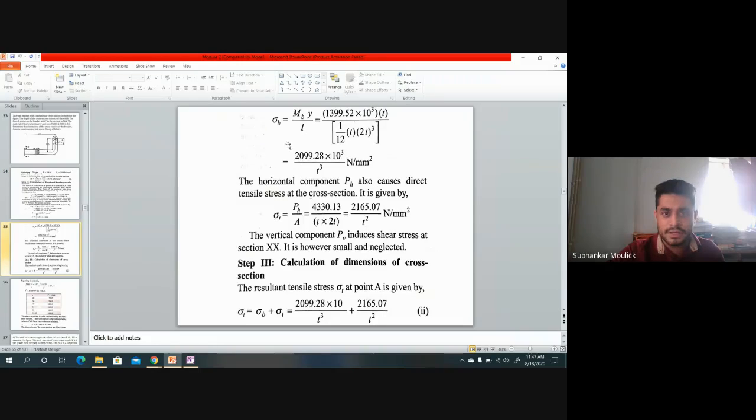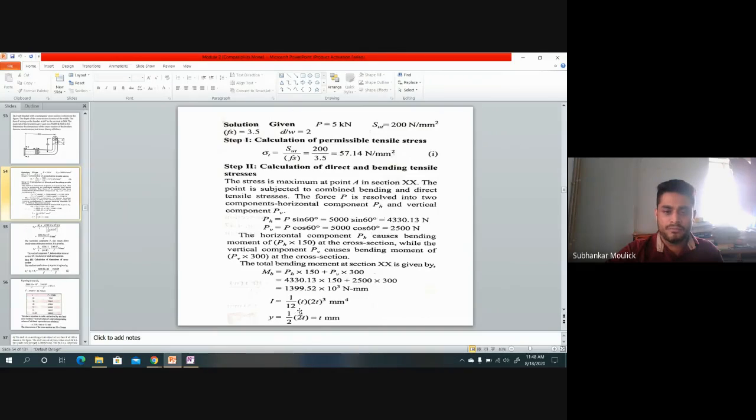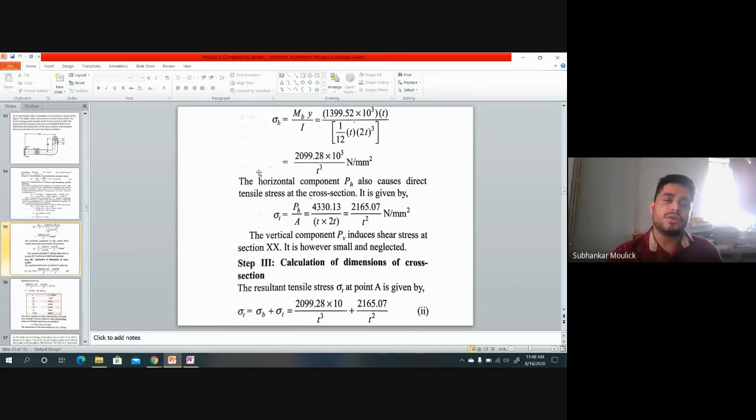So sigma is MB into Y by I. MB we have just calculated, Y also we have calculated, that is T, divided by I. I is 1 by 12 T into 2T cube. If you solve this expression, you will get the value of bending stress to be 2099.28 into 10 to the power 3 upon T cube Newton per millimeter square.